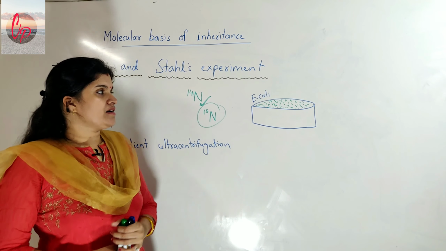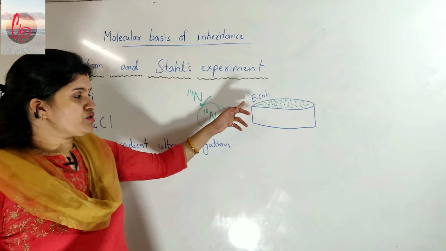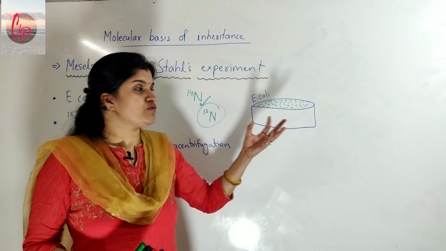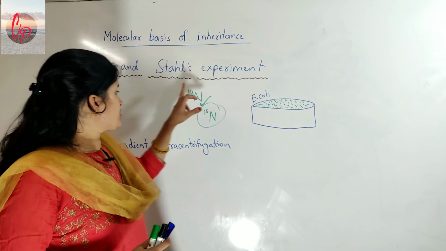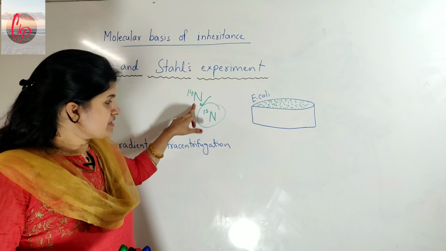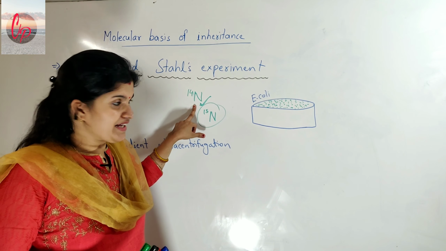so that suppose the bacteria which was used for the first time, the initial generation, must have used N14 because this is the normal substance which is used by the bacteria E. coli.